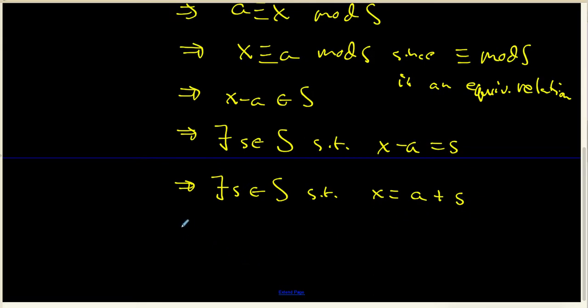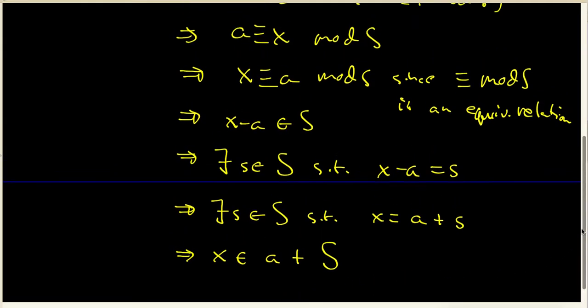And that last statement says that X belongs to the coset A plus capital S. So let's think back to what we've actually done.